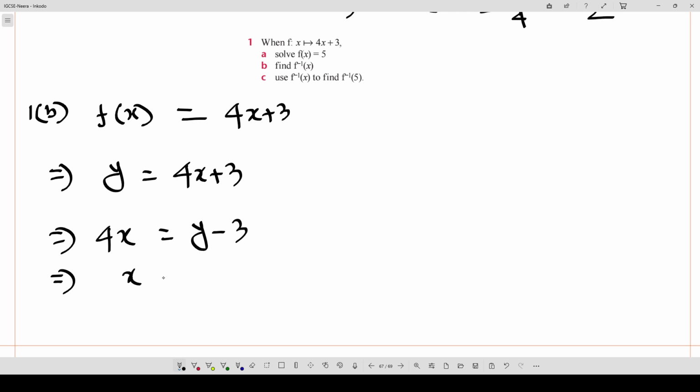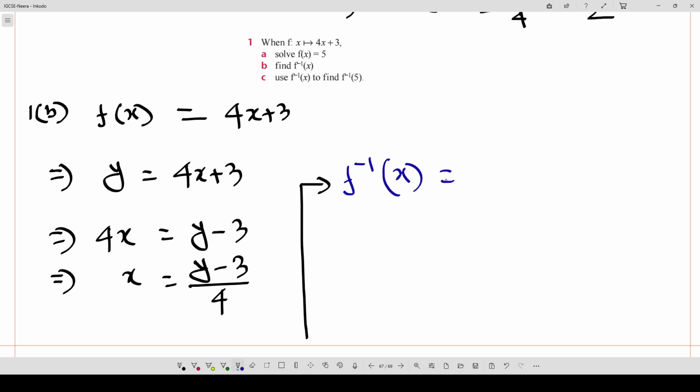Now x equals y minus 3 divided by 4, and finally inverse f of x equals, putting x in place of y, x minus 3 by 4. This is our answer to question B. So parts A and B are done.